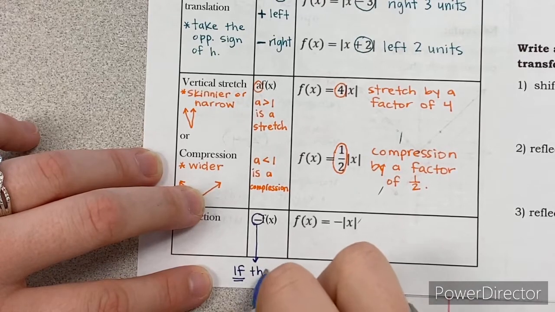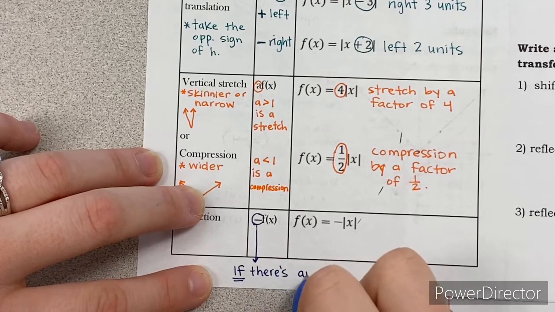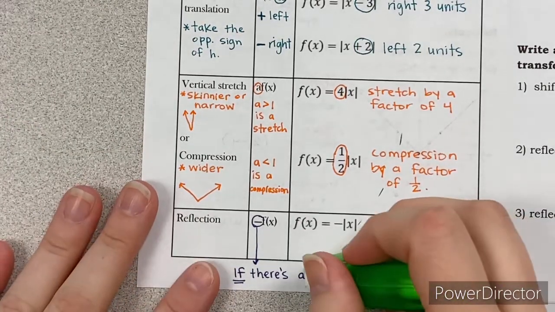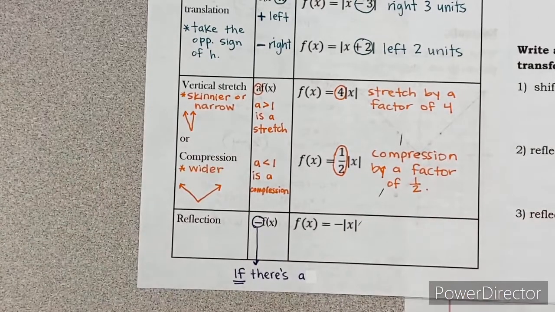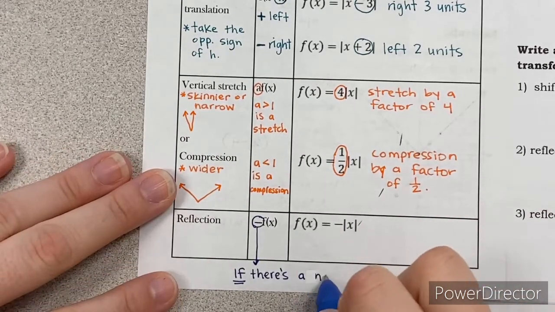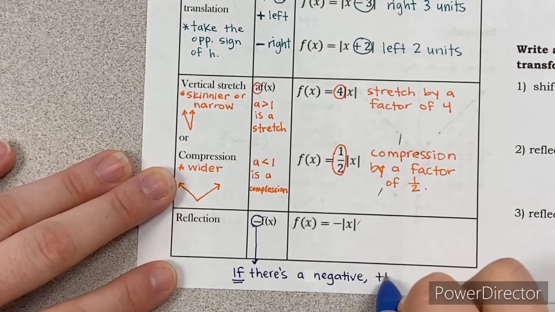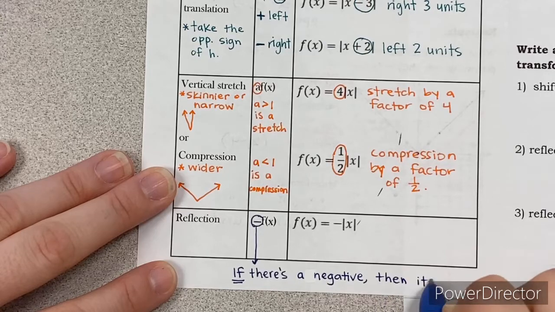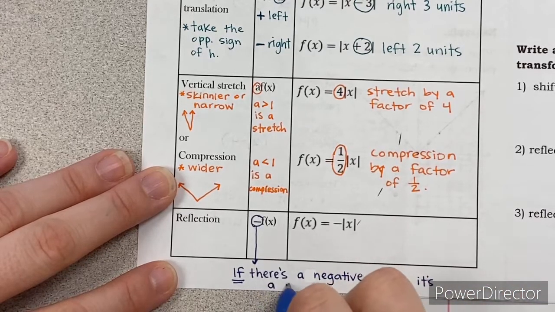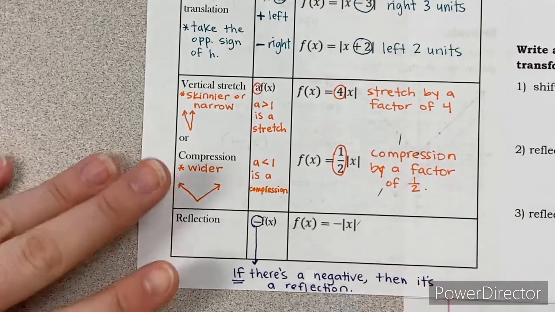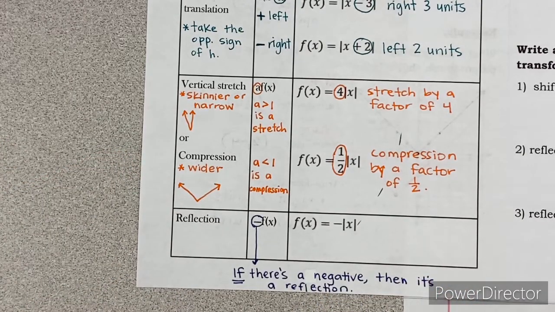If there's a negative, then it's a reflection. Okay, if there is a negative, then it is a reflection.